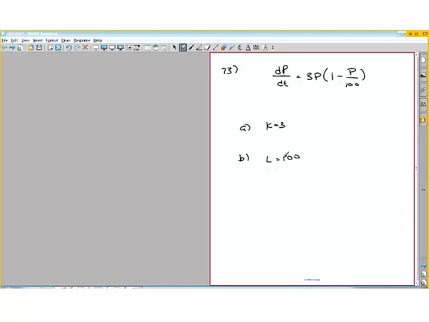C, use a computer algebra system to graph a slope field and determine the value of P at which the population growth is the greatest.